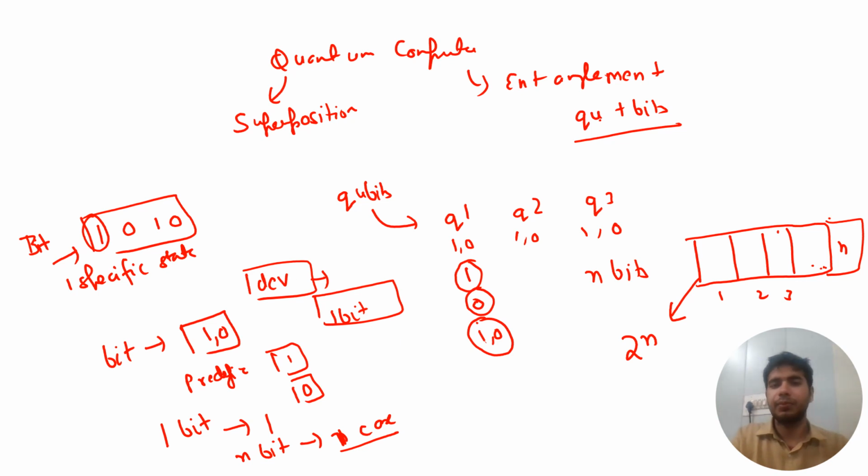I understand it will be difficult to grasp, because for you it has to be either one or zero. How can it be both one and zero? I think it would be difficult to understand right now. But believe me, after this playlist or this foundation course, you will understand how beautiful the quantum computer is and how it can solve many problems.